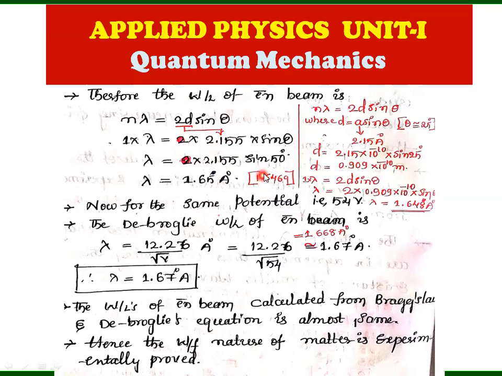Then, according to de Broglie, when the potential is 54 volts, its value is 1.67. Hence, the wavelength of the electron beam calculated from de Broglie's equation is almost the same. Hence, the wave nature of matter is experimentally proved.